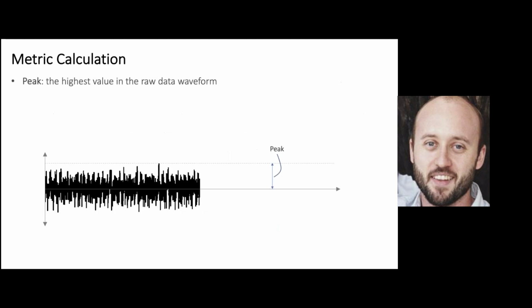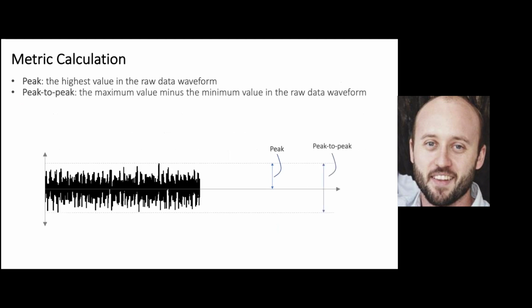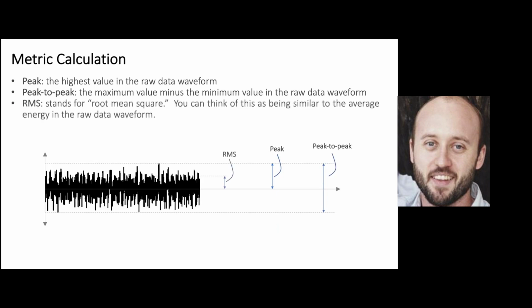Just to give an example, very simple, typically to calculate, we could look at the peak value in a signal. So we could take tens of thousands of data points and just simply pick out the peak value. We could look at what the peak value is minus the minimum value, and we call that peak to peak. Or we could perform another calculation called root mean square. And I'm not going to dig into the math of it, but you can think of this as kind of being like the average energy in the waveform.